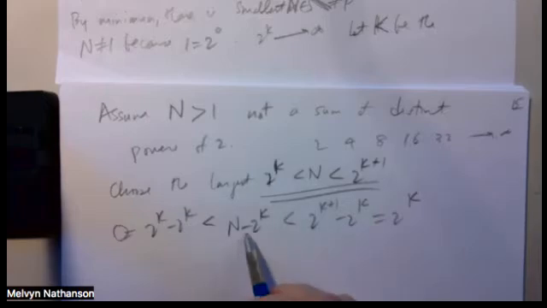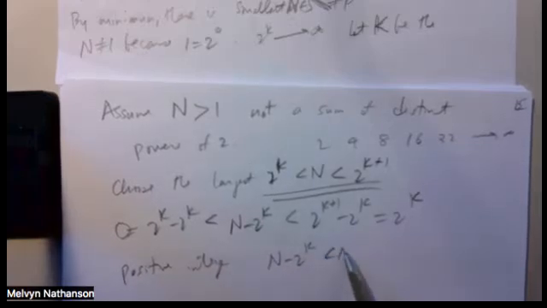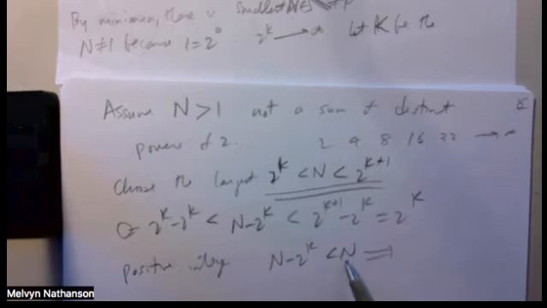So I have this number, which is a positive integer, N minus 2 to the K, which is less than N. But N is the smallest number that's not a sum of powers of 2.